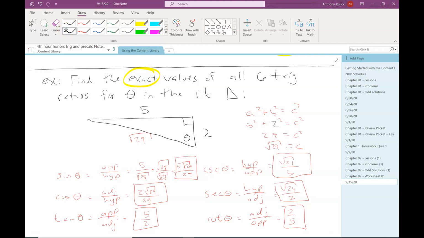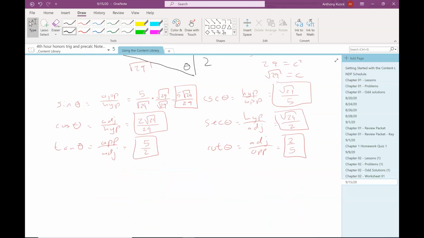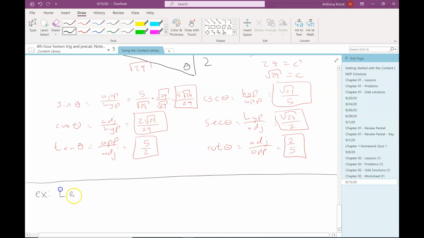How's everybody feel on that? Pretty straightforward? Just using our definitions that we stated just a moment ago. Okay. Let's do another.